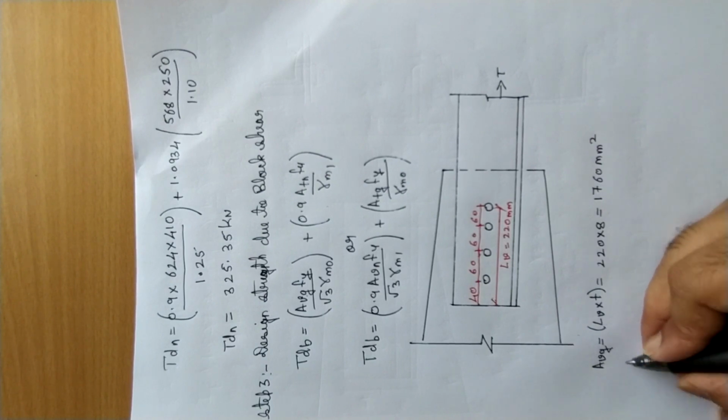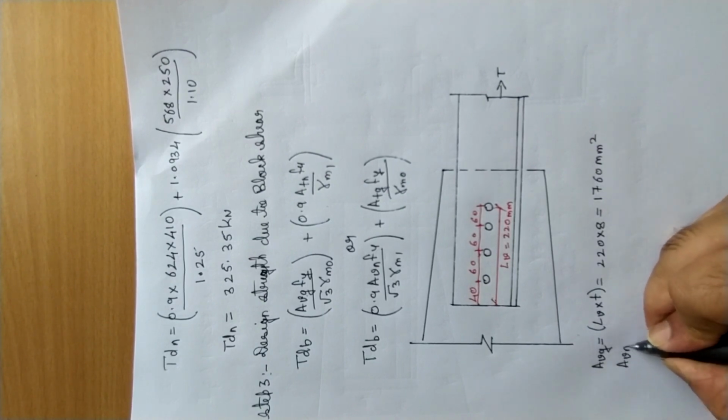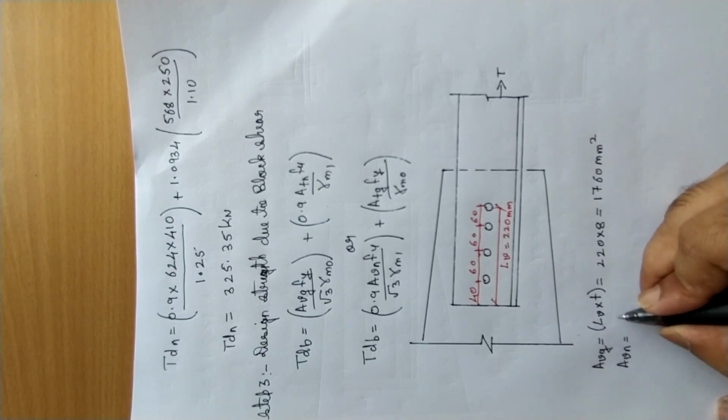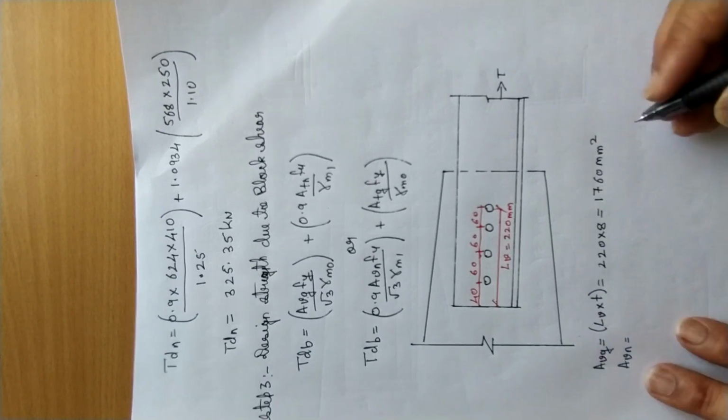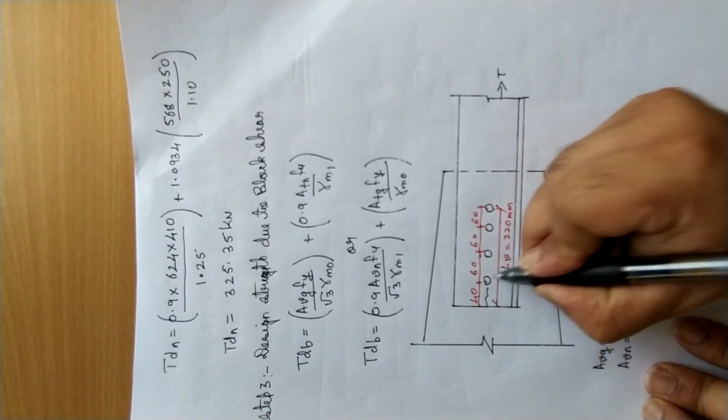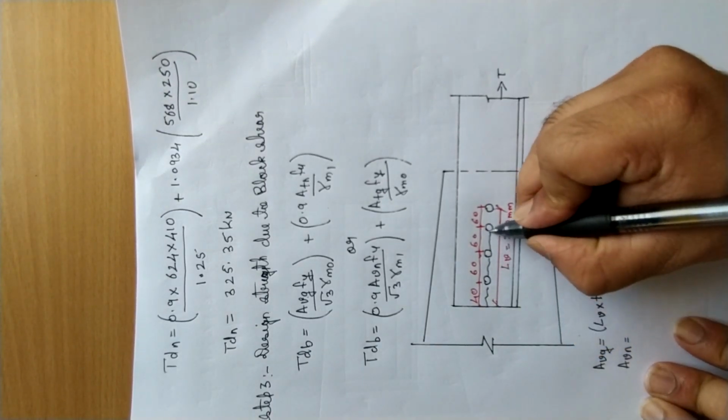Okay, then we have AVN. For AVN, you can do LV into T, because this is net, minus the bolts to be considered in the perpendicular distance. So let us draw the failure plane, how this member fails. This member will fail in this direction.